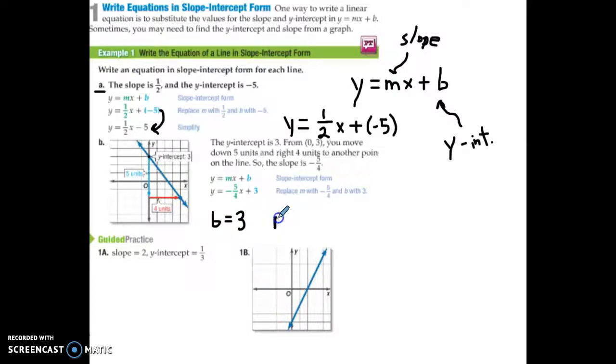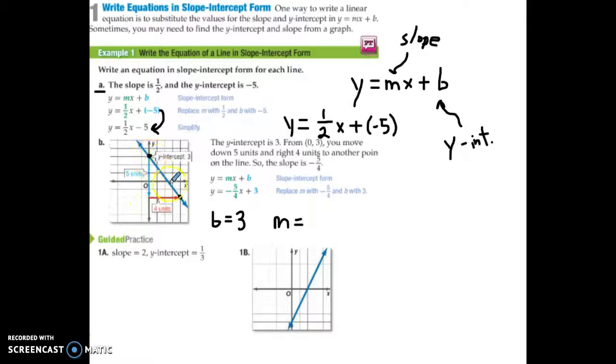My slope, if you remember, is rise over run, or vertical change over horizontal change, or y2 minus y1 over x2 minus x1. Either way, I'm going to pick 2 points on this line here, and this seems to be good. We're trying to find good intersection points. This one's kind of close, but doesn't hit exactly in the corner of the box. We're trying to count how much it changed vertically and how much it changed horizontally, and that's my slope, the rise over the run.